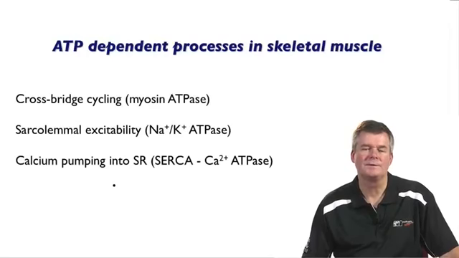There are a number of processes within muscle contraction that are dependent upon ATP. Notably, the myosin ATPase is important in the cross-bridge cycle. But other important sites of ATP utilization include the sodium-potassium ATPase, which is very important in maintaining the excitability of the sarcolemma, particularly in returning potassium to the muscle after each action potential.